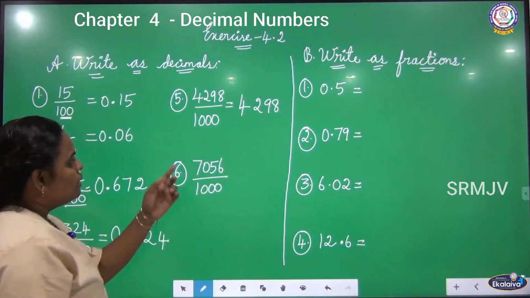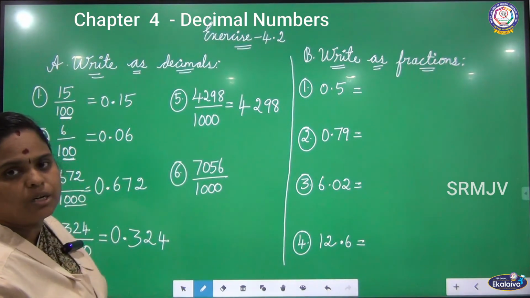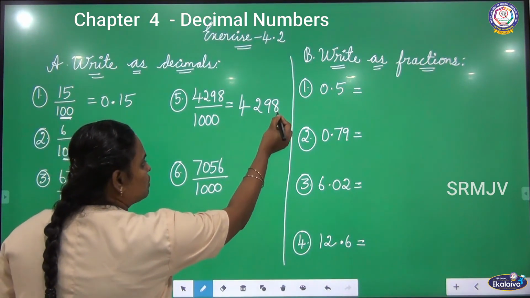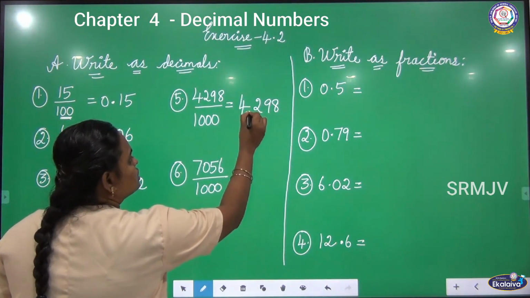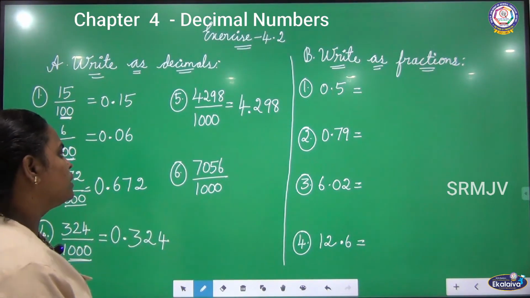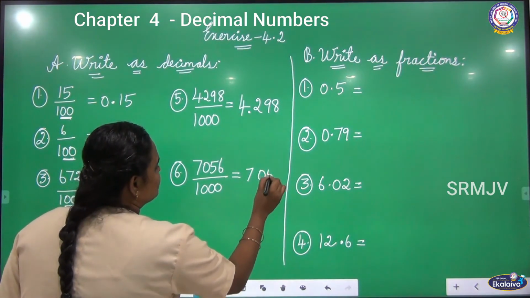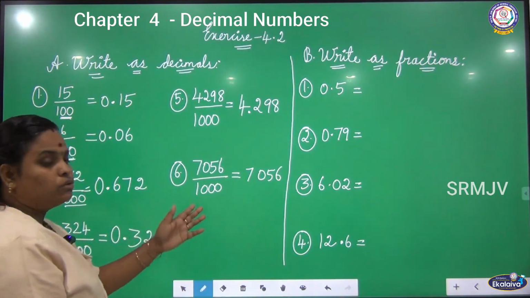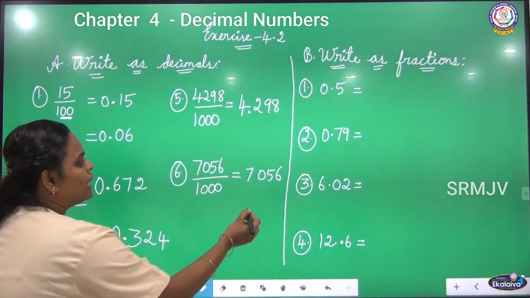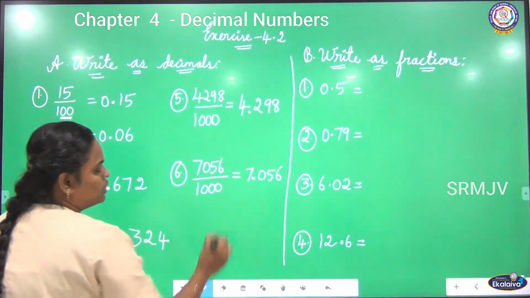Look at the denominator, children, 1000. 3 zeros are there. From the back you leave 3 digits, 1, 2, 3. The answer is 4.298. Next one, 7056. Look at the denominator, 1000. 3 zeros are there. From the back you leave 3 digits. What is the answer? 7.056.